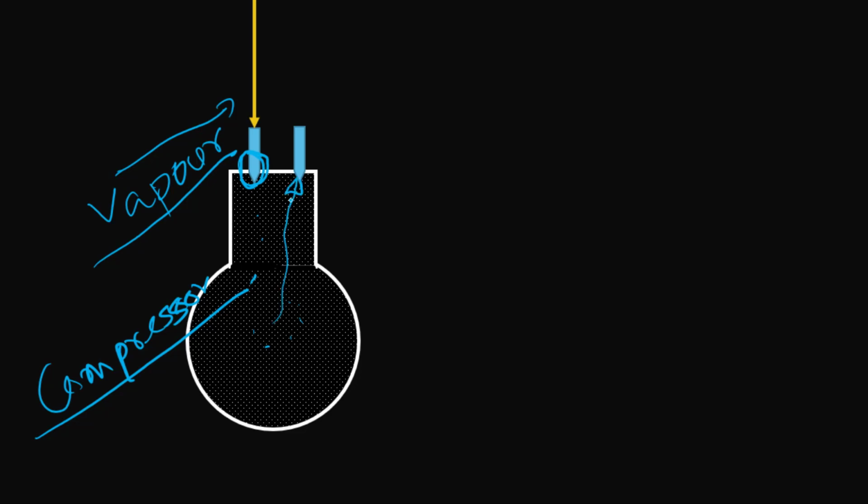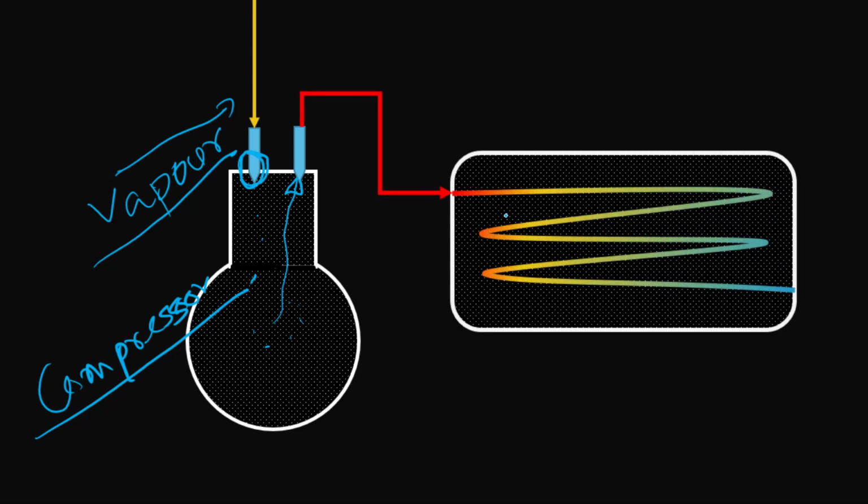If we compress a vapor, then what will happen? The pressure and temperature will increase, and that will make the vapor superheated vapor, like superheated steam. After compression, it will go to the condenser for rejecting the heat, like the cooler in the air refrigeration system.